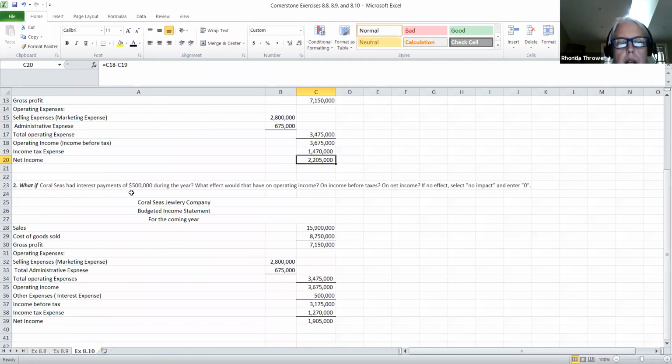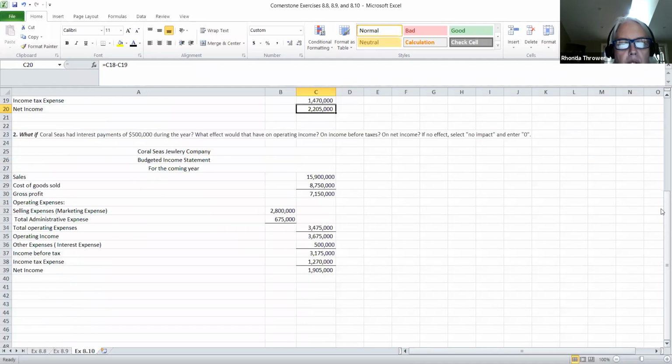What if Coral Seas had interest payments of 500,000 during the year? Interest payments are other expenses, and they are not going to affect your operating expenses, but there's a separate category that would go on your income statement. And that category is right below the operating income. You would list your other expenses, revenues, gains, or losses.